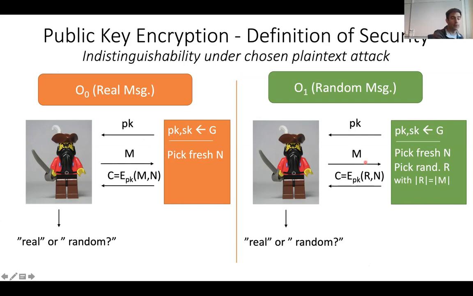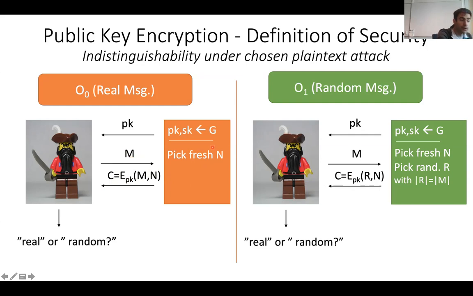In the other case, it's going to play with a box which encrypts uniformly random messages. If the adversary cannot tell the difference between these two boxes, then the encryption scheme must be secure. Why? Because if the encryption of a message that you know looks the same as the encryption of random garbage, then the ciphertext really must be hiding its content.